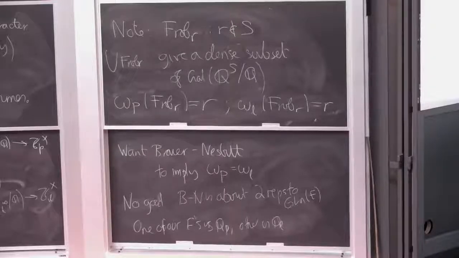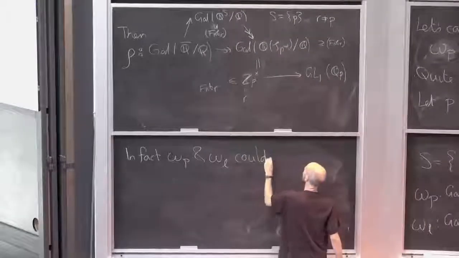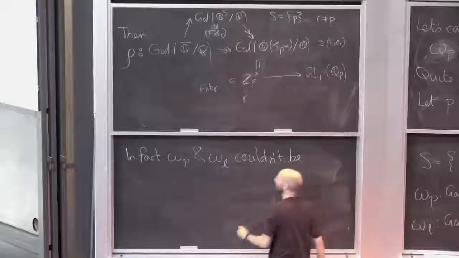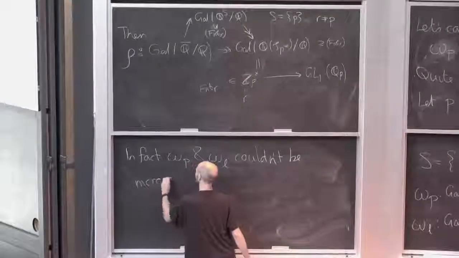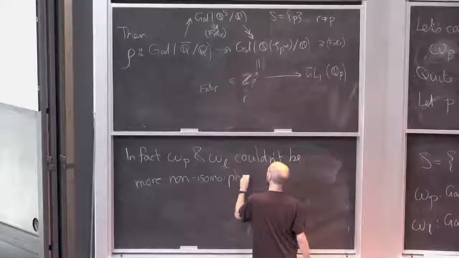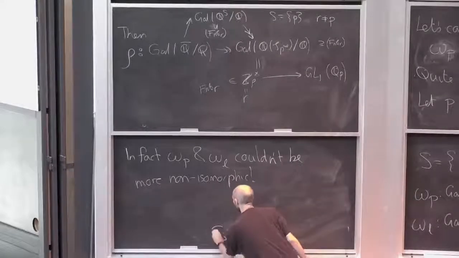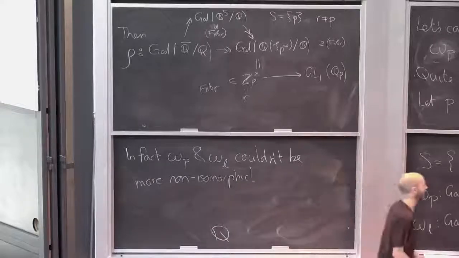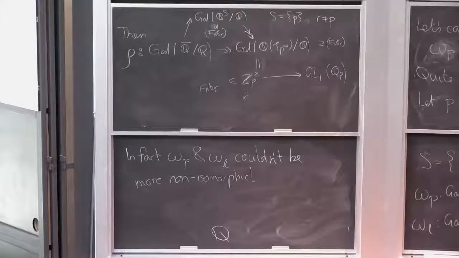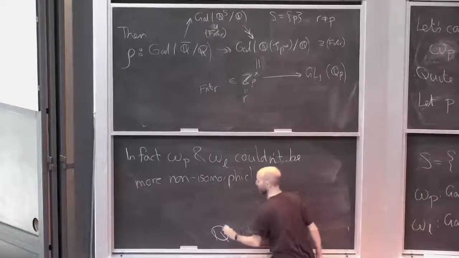So in fact, omega_p and omega_L couldn't be more different. Couldn't be more non-isomorphic, right? Because let's look at the pictures. Here's Q. By Galois theory, the kernel of a representation is Gal(Q bar over L), where L is some field here.